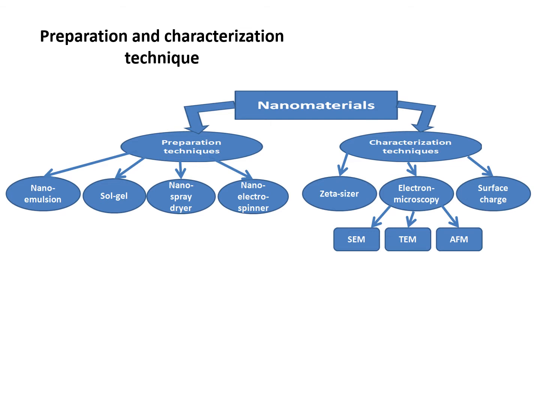These are the major preparation techniques of nanomaterials: nano emulsion or micro emulsion, sol gel technique, nano spray dryer, and nano electrospinner. Characterization techniques include zeta sizer, electron microscopes, including scanning electron microscope, transmission electron microscope, atomic force microscope, and the charge of the nanoparticles is very important in biomedical application.